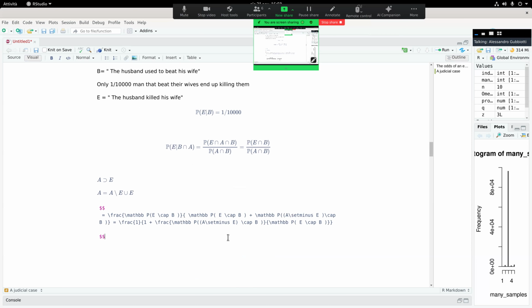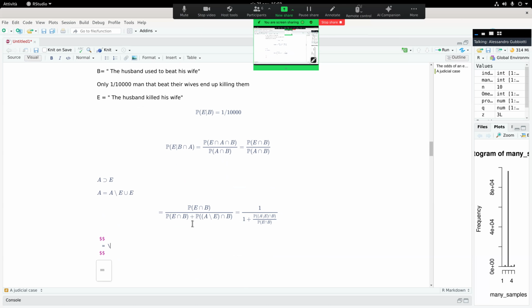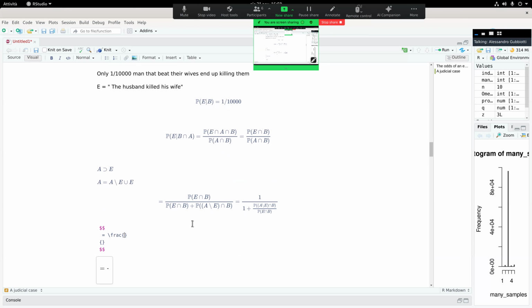So we pass to the conditional probabilities, and we say that this is equal to the fraction of 1 divided by 1 plus, we simply multiply and divide by B. Do you remember that the odds of an event given B are like this?